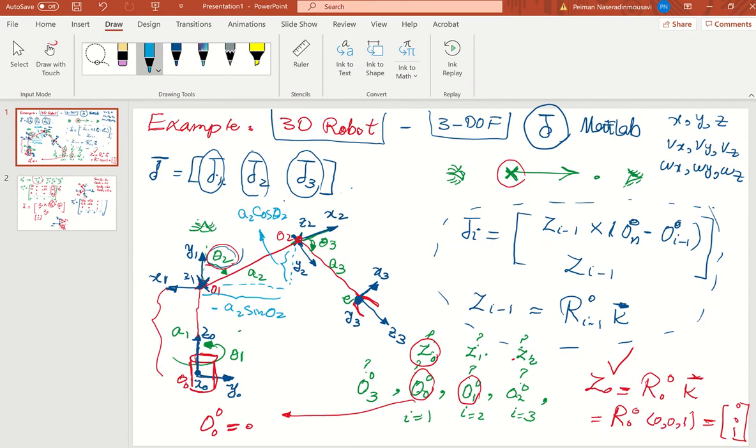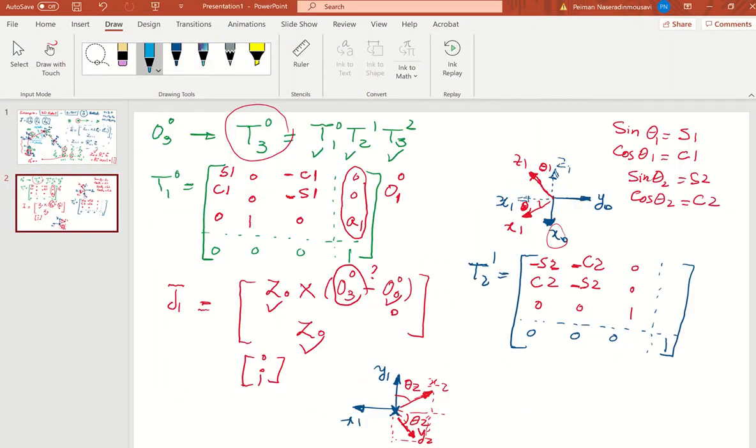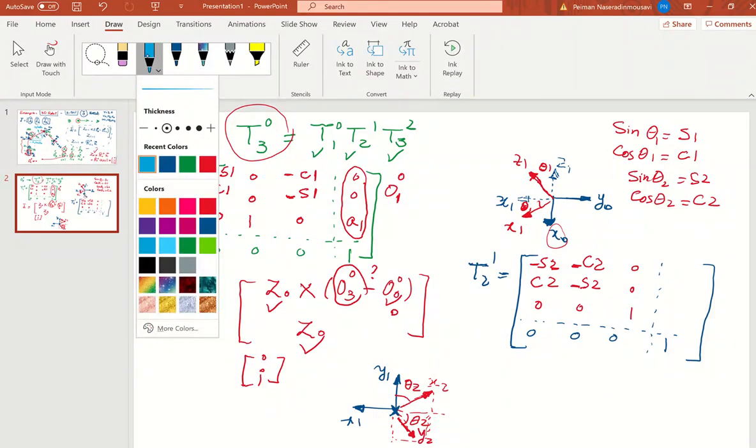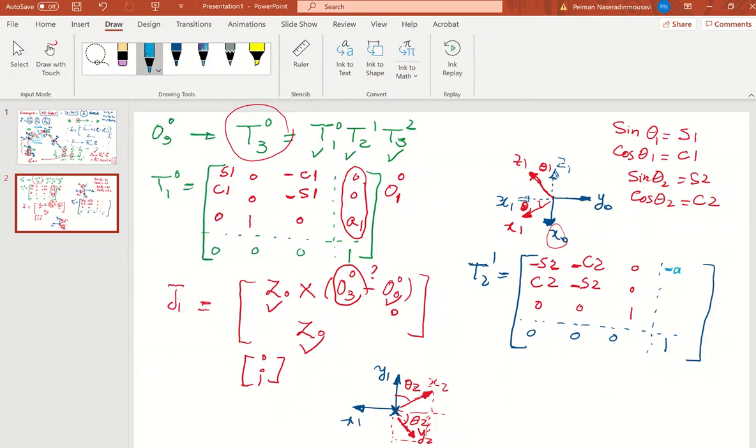So you're going to have, I'm just writing here, minus a2 sine theta 2, and a2 cosine theta 2, and in z, no. Here we go.